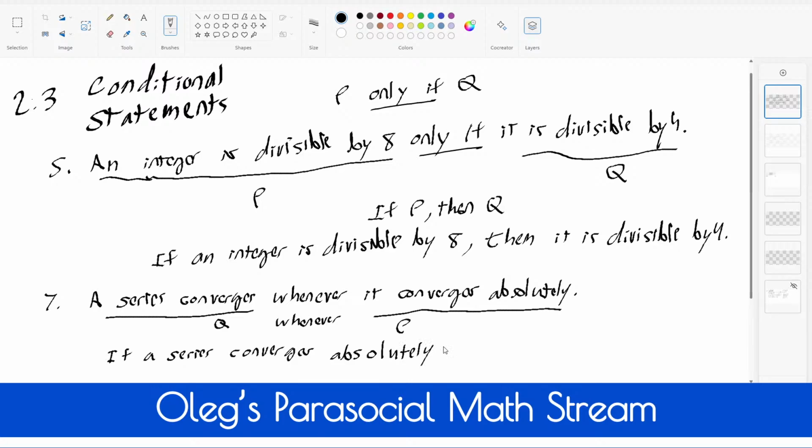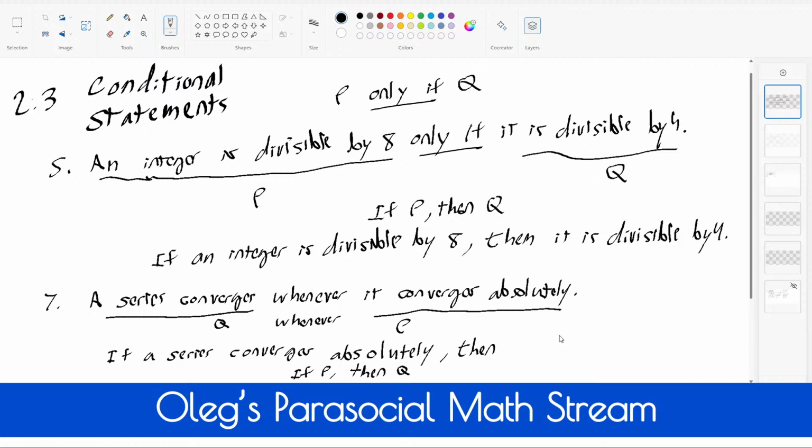If a series converges absolutely, we're going to do if P then Q. If a series converges absolutely, then it converges, which kind of makes sense.